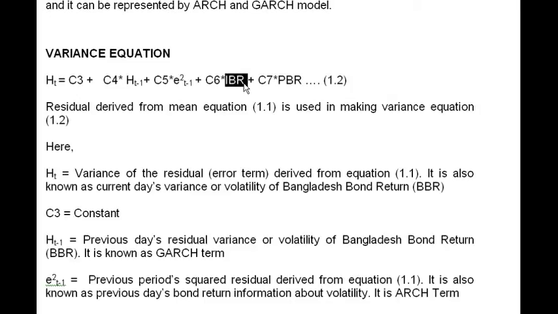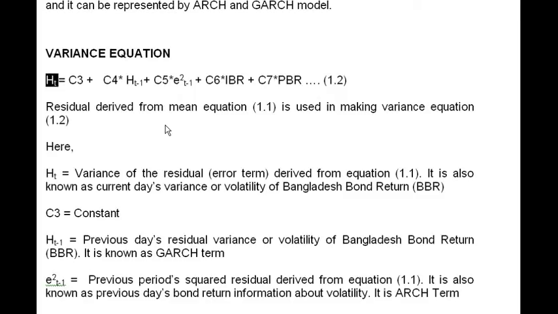And we have also got IBR is significant. But it is outside the family, right? That means international shock, international volatility, can also influence Bangladesh bond return, which is HT.